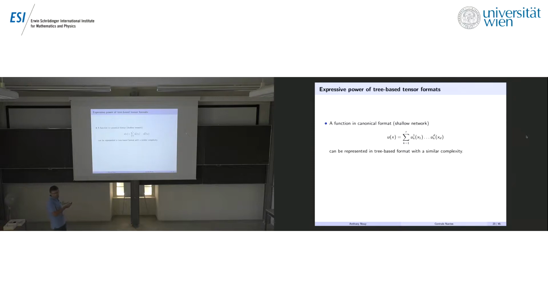If you have a function written like this, you will pay a little bit more by writing it in a tree-based format. But conversely, a typical function in a tree-based format has a canonical rank depending exponentially on D. These are results obtained in a sequence of papers, in particular by Cohen, and then a paper with Kulkov and Oseledets.